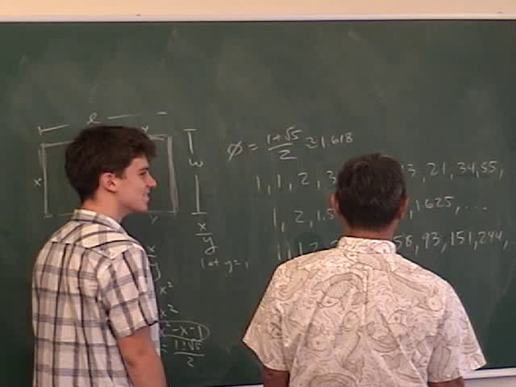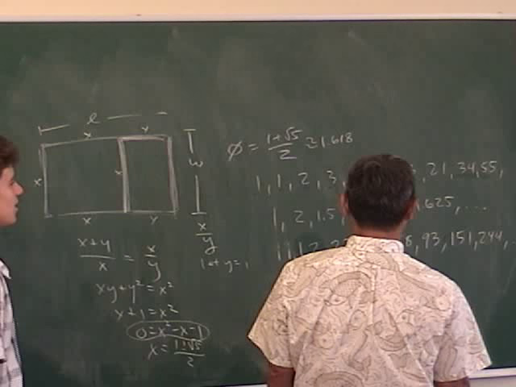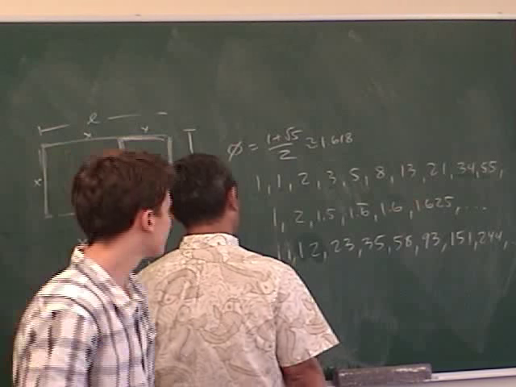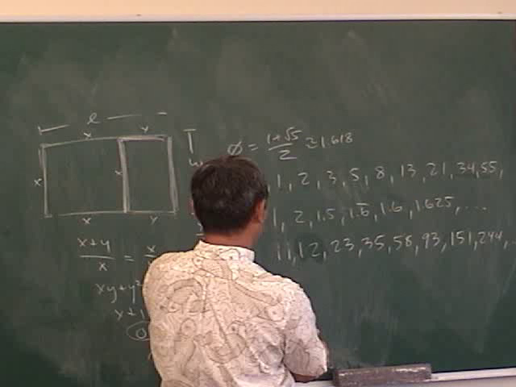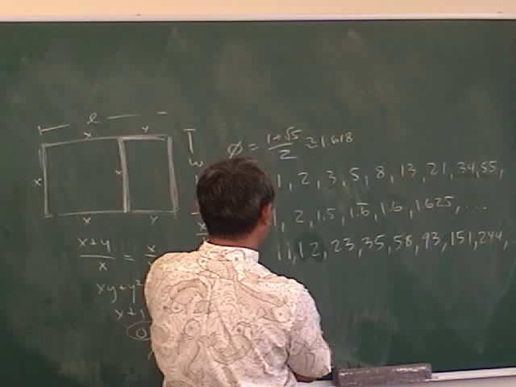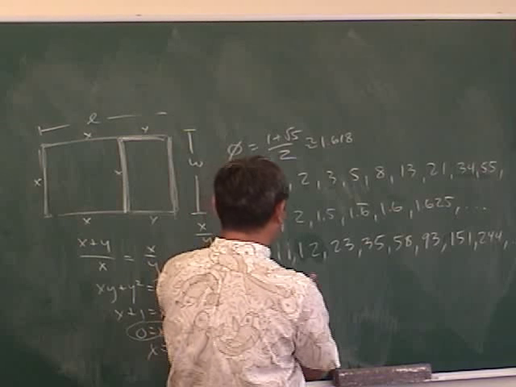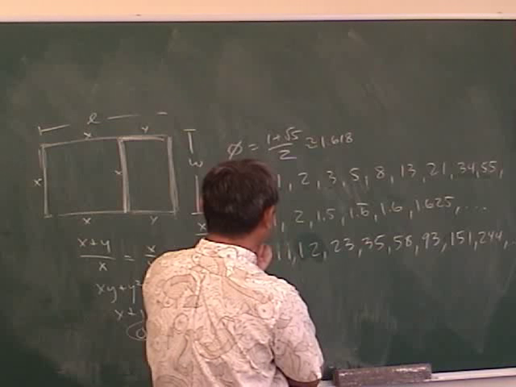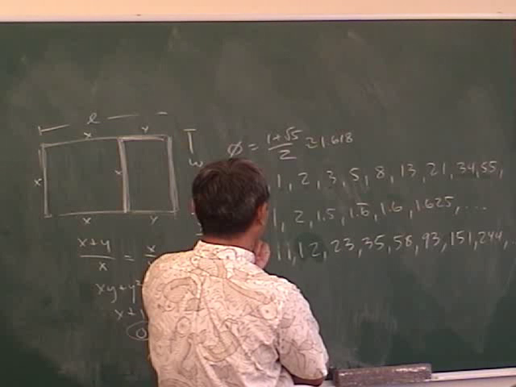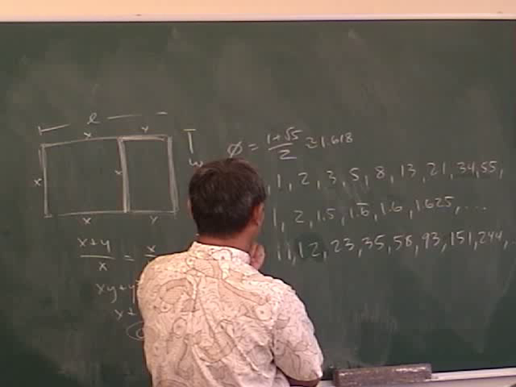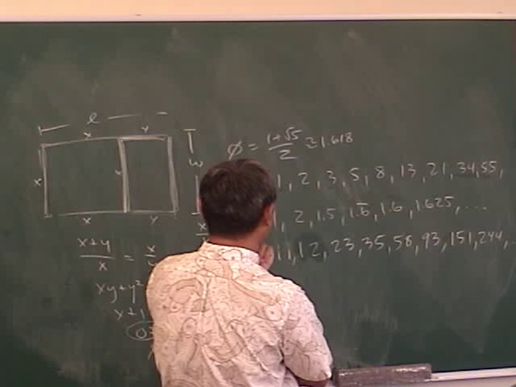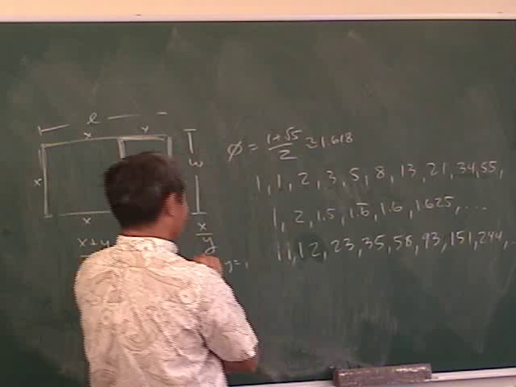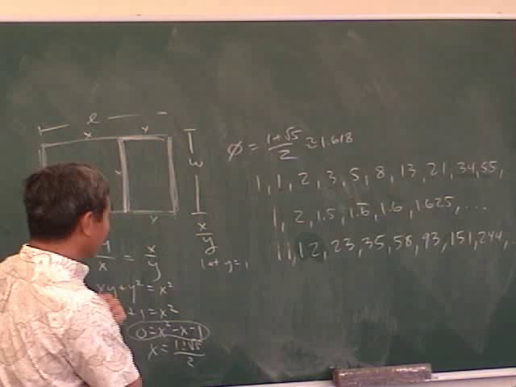It's a Fibonacci-like sequence, right? You start with 2 terms and you just add these 2 to get the next one. Oh, I get it. That's cool.